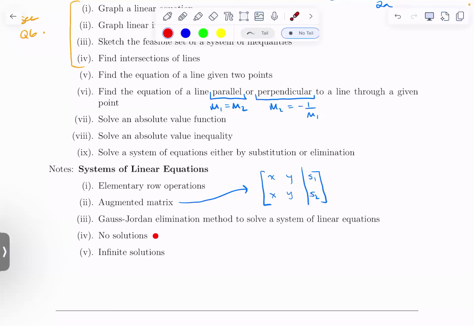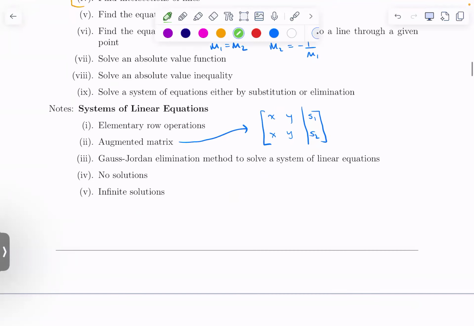What does it mean to have no solutions? We have no solutions if we end at a false statement.